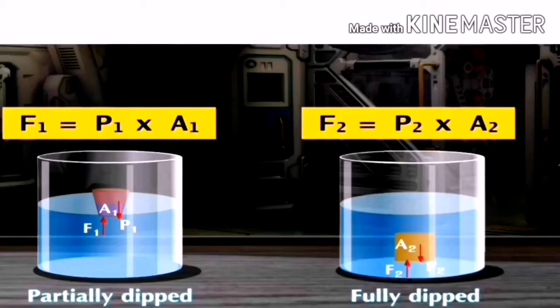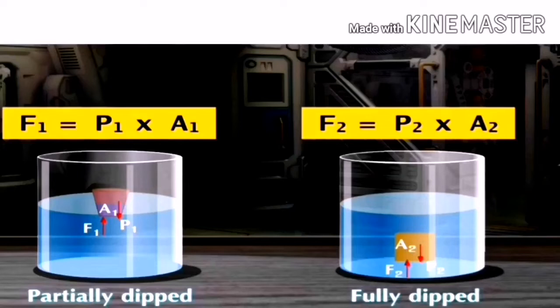In this picture, you will see that there is a formula of force. Force is equal to pressure into area. Now students, if you see the first container very carefully, you observe that the object is partially dipped and therefore the force applied on that object is also less.